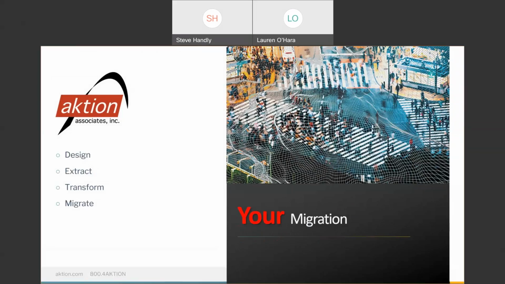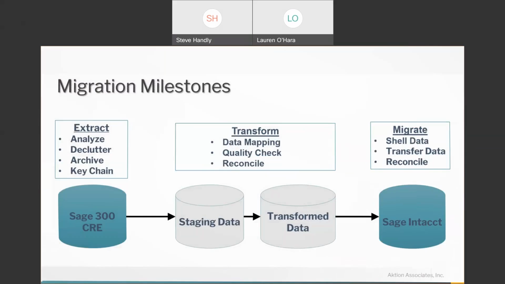I break it down into 4 simple steps or milestones, if you will. You design what we're going to migrate. We extract the data. We transform the data to the new formats in some sort of step, and then we populate. Now that's real simple, because there's a lot more to it than that, but generally that's the simple process. And in the Sage 300 world, on the extract, there are also steps.